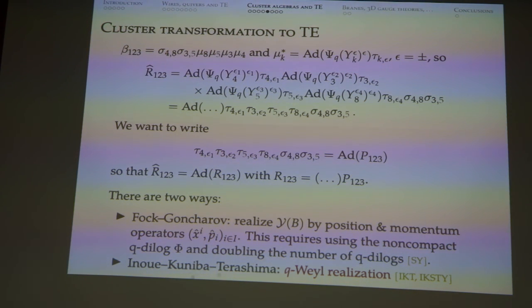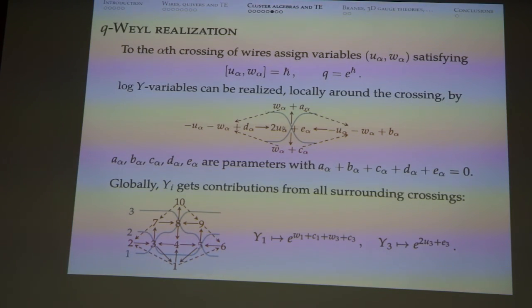But if you want to realize y variables by Q-vial algebras, so these canonical variables assigned to crossing, then it turns out that you have to use this version of quiver. So I don't have any more intuitive or deeper understanding of this fact, but it's just something you find by doing this. So one version can be used for this Q-vial realization, but not the other one.